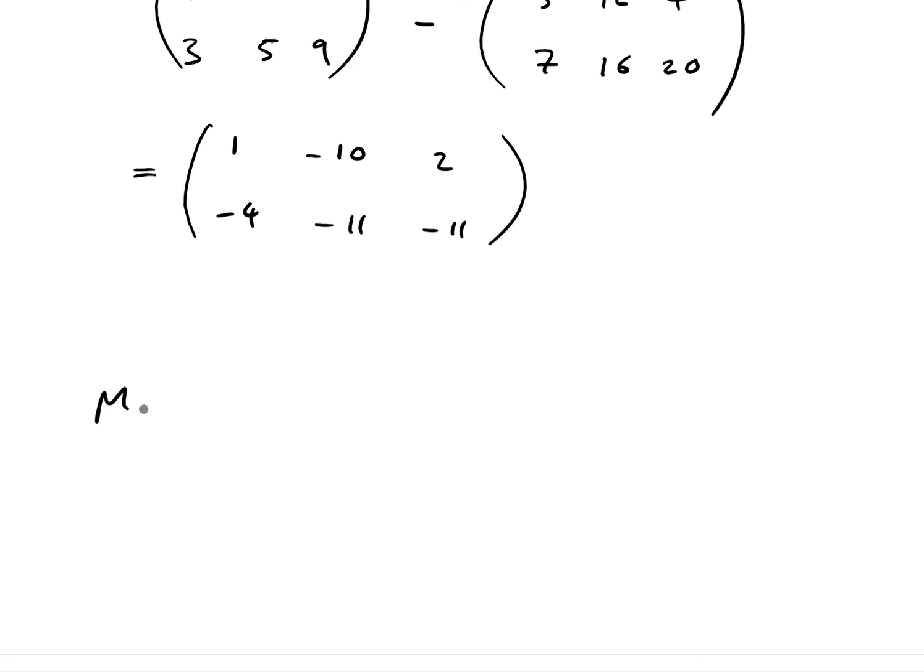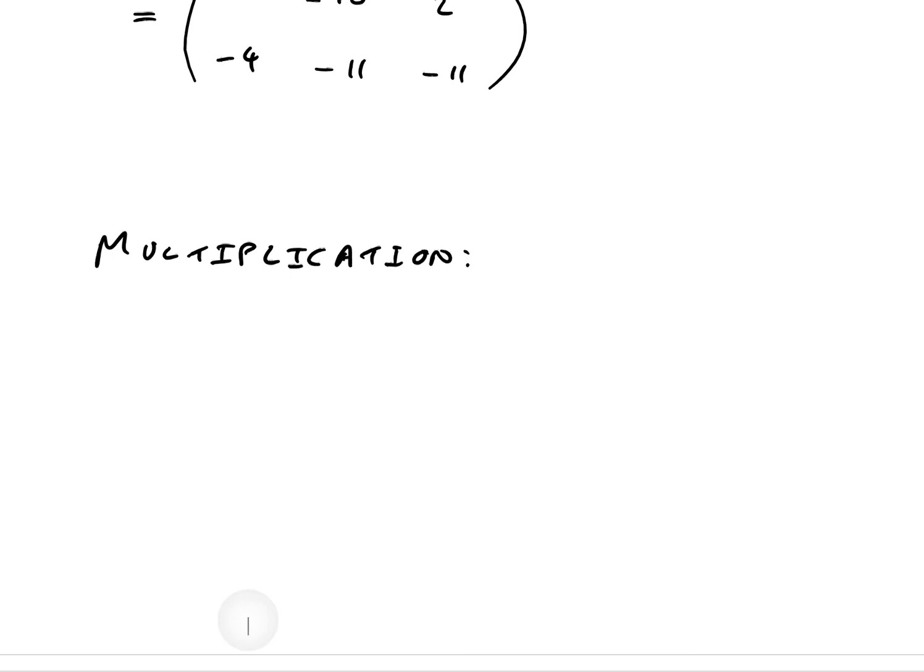So, let's say we have a matrix 6, 4, 2, 3, 12, 1. Okay, so that is a 2 by 3 matrix.